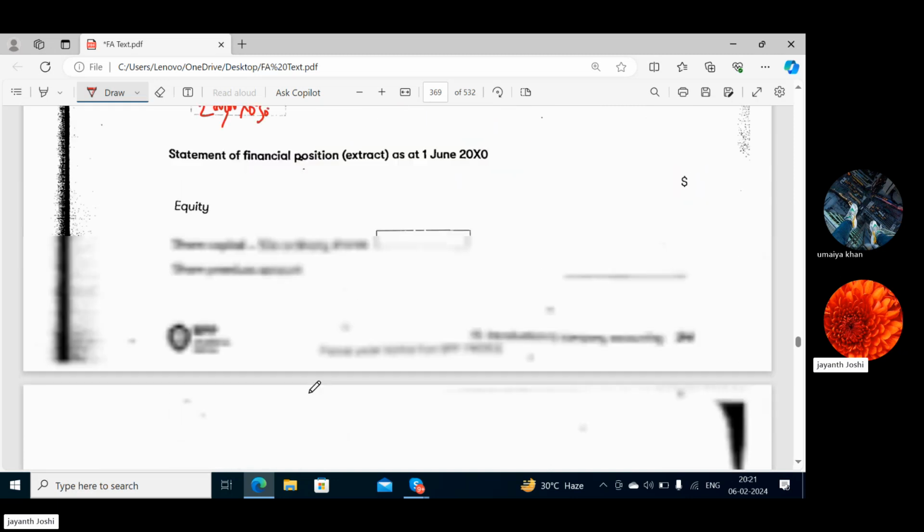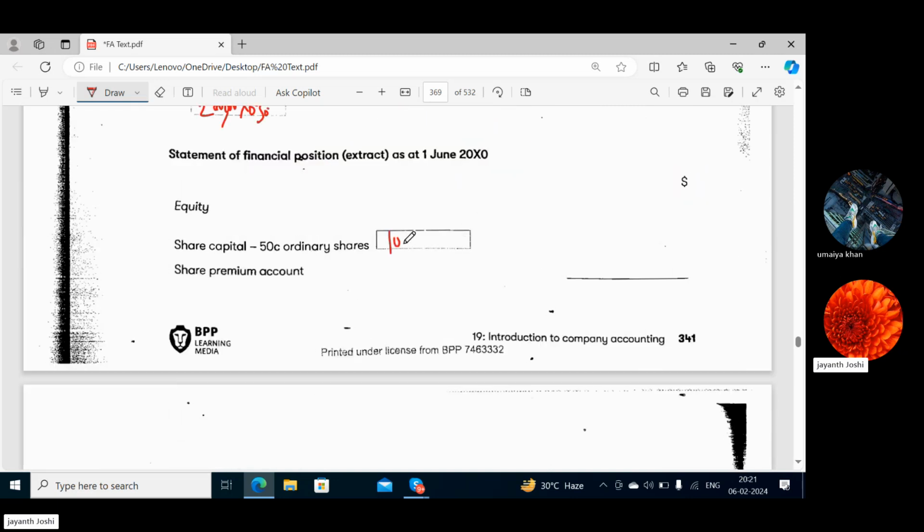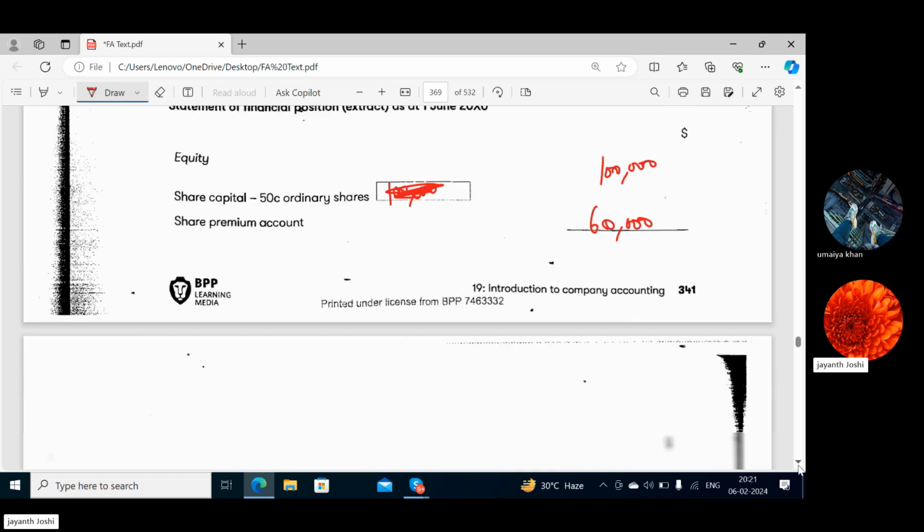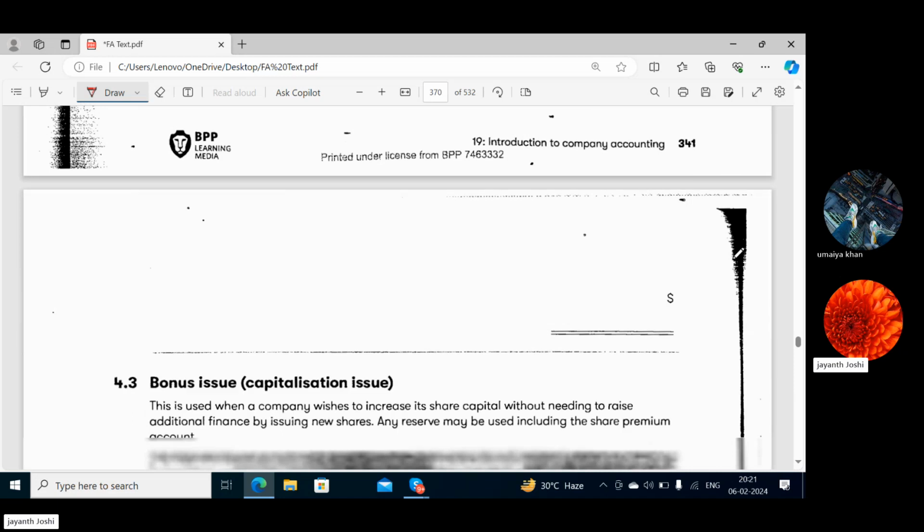When we go into the balance sheet, share capital 100,000 and share premium account 60,000.